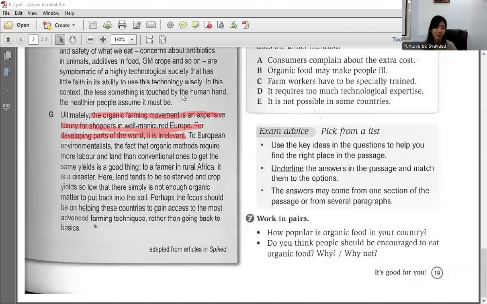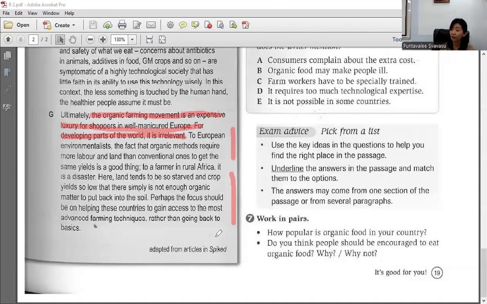Because as I mentioned, this part seems positive. They talk about European people who like organic foods, good for them. But they also talk about Africa. This latter part talks about how bad it is to have organic food in Africa.